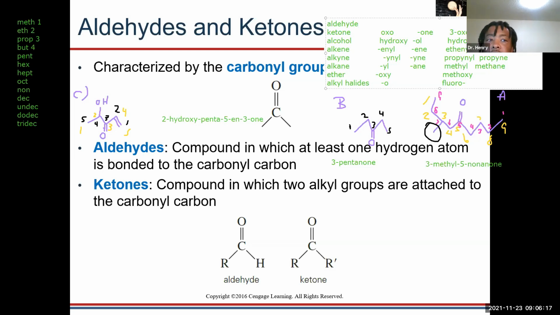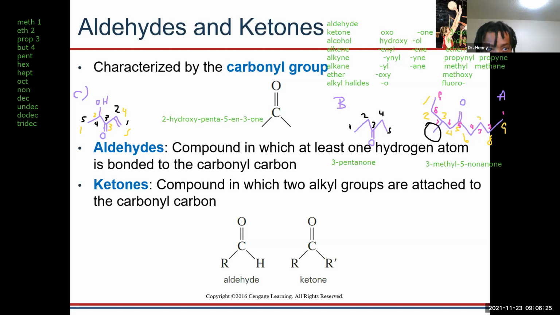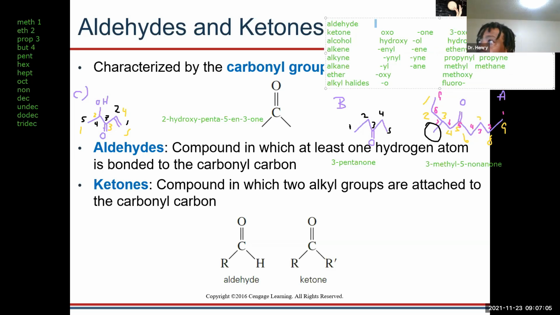Okay, so for aldehydes, what we would do is, if it doesn't have the highest priority, we use formyl.